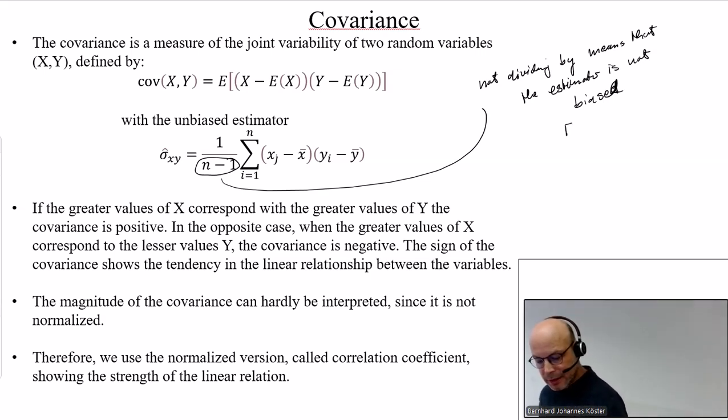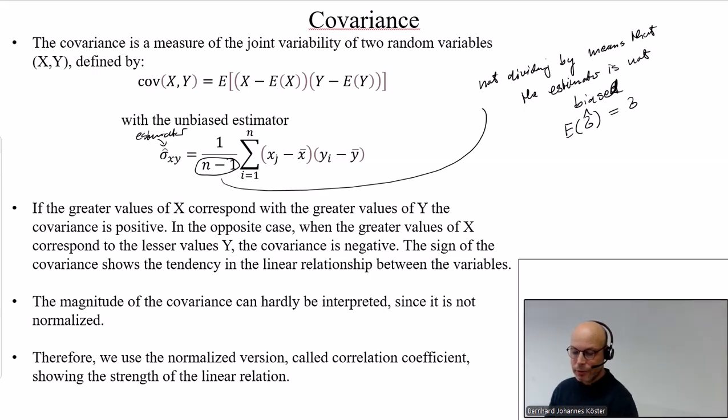And this would mean that the expected value of your estimator, and this hat means it is an estimator, equals the true covariance.